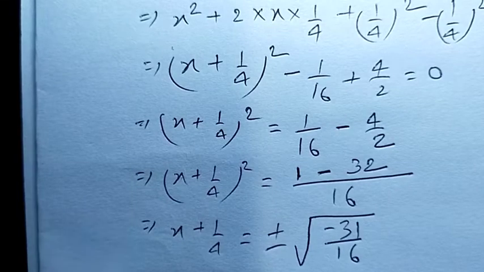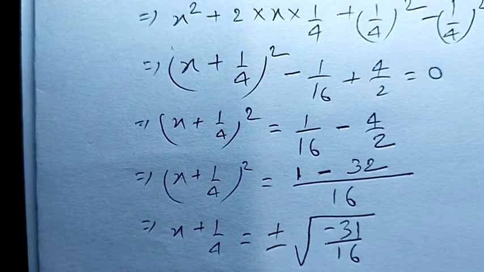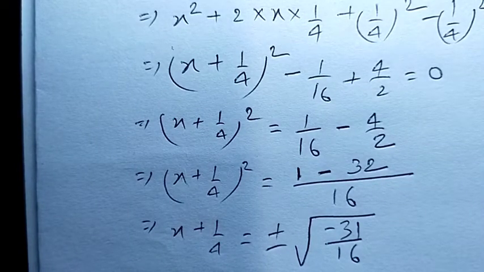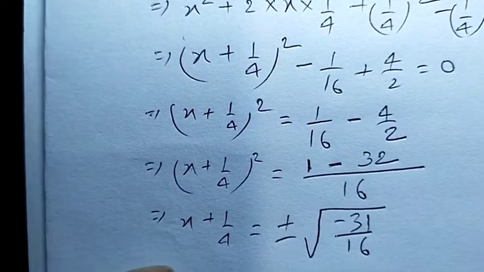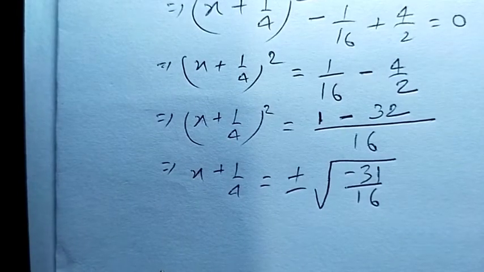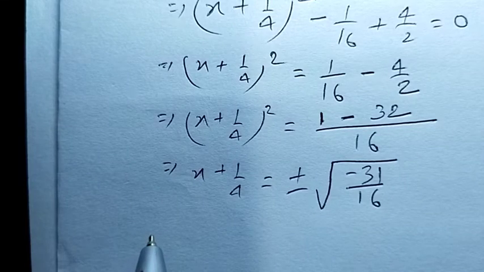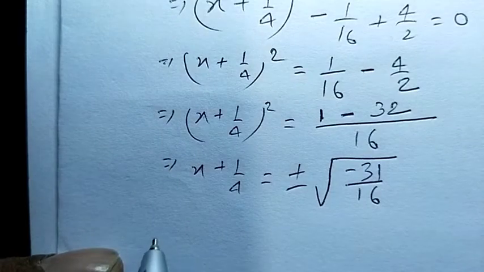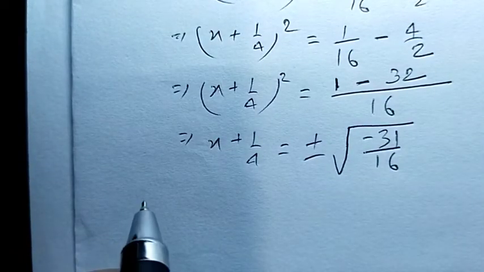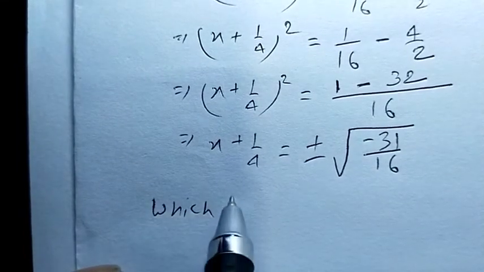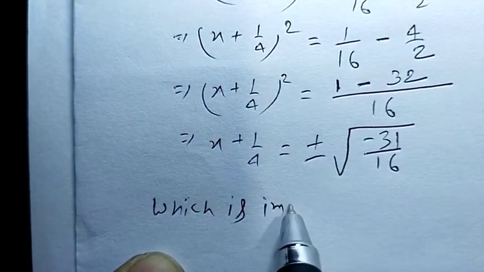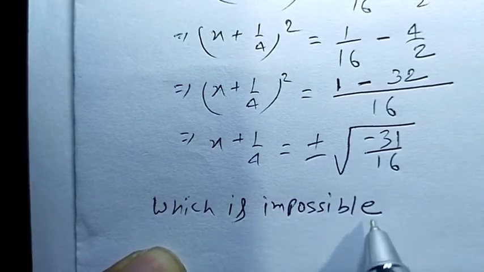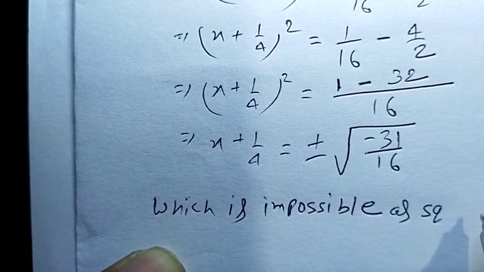Now in this question, we are getting root under minus 31, which is impossible as it is the square root of a negative integer. So here the roots do not exist. We write here root under minus 31, which is impossible as a square root of a negative integer.